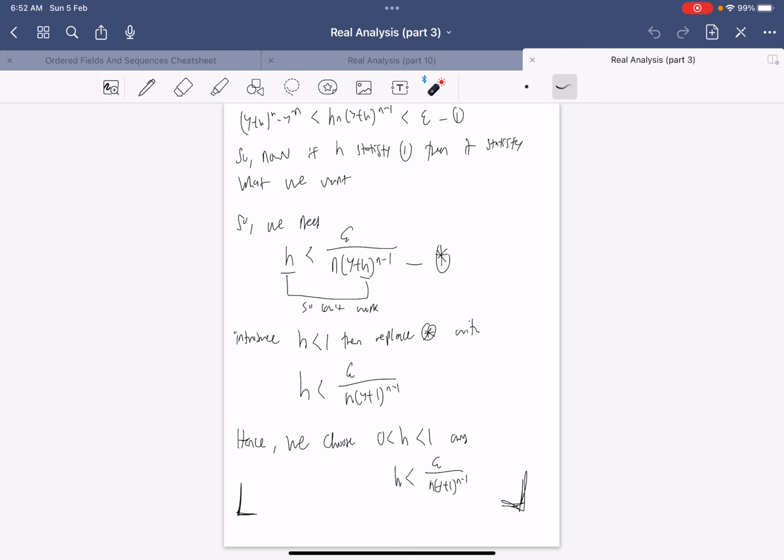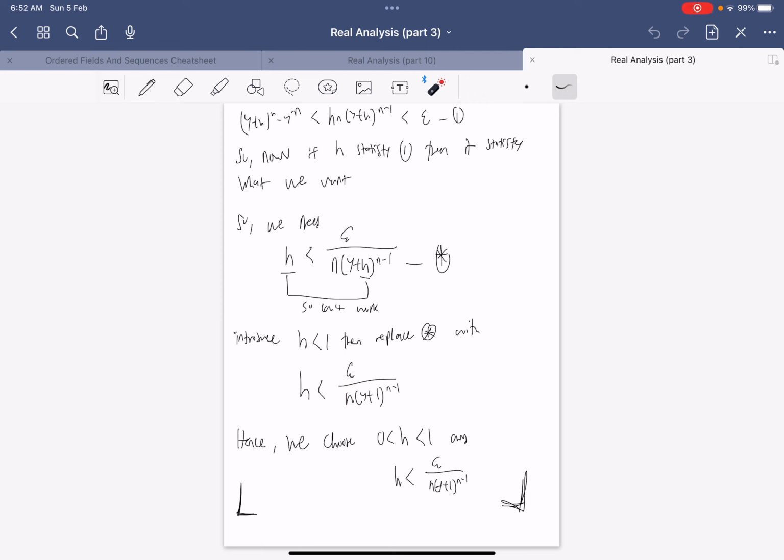So we need h to be less than epsilon over n times (y plus h) to the power n minus 1. But we can't choose this because there is an h here and an h in the bottom. And so if we introduce another inequality such as h being less than 1, then we can replace the star inequality with epsilon over n times (y plus 1) to the power n minus 1.